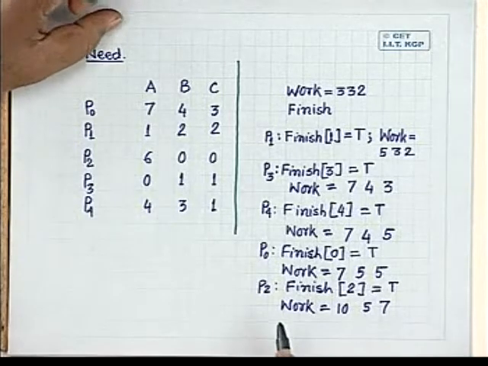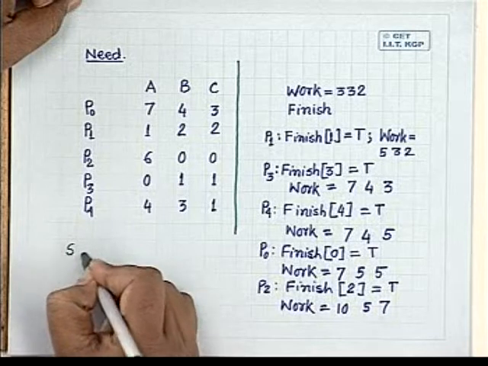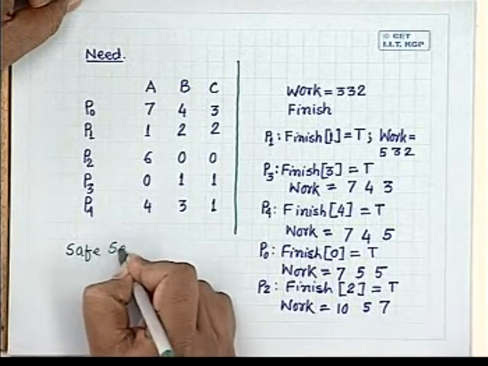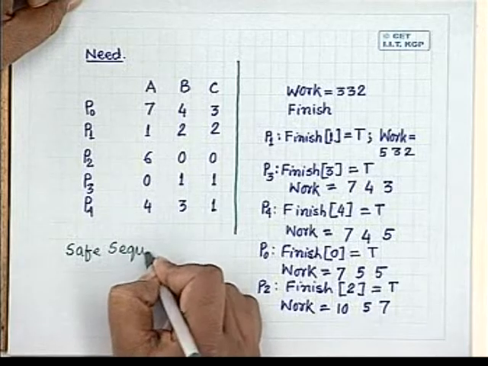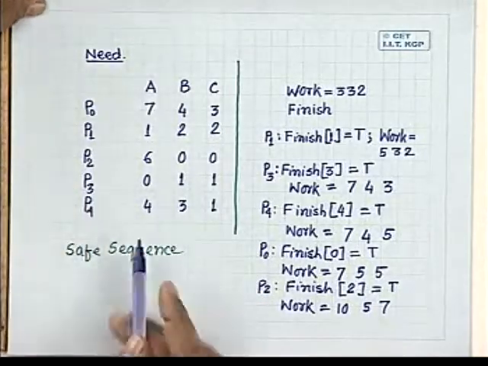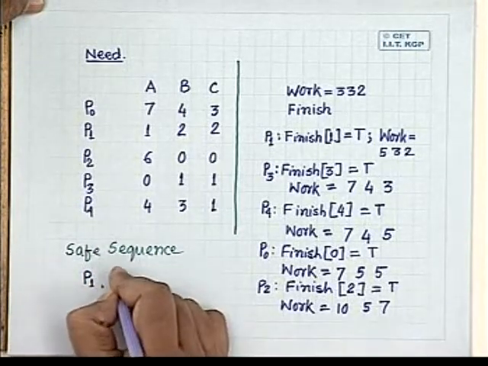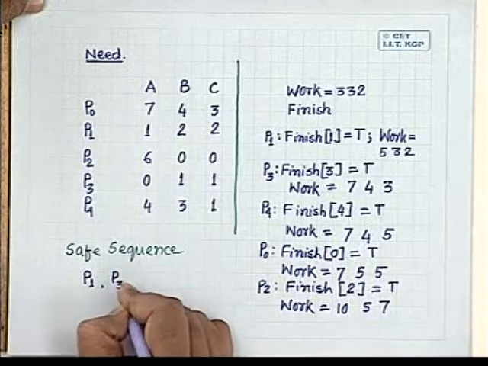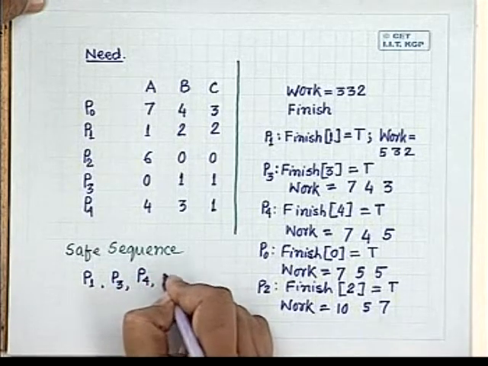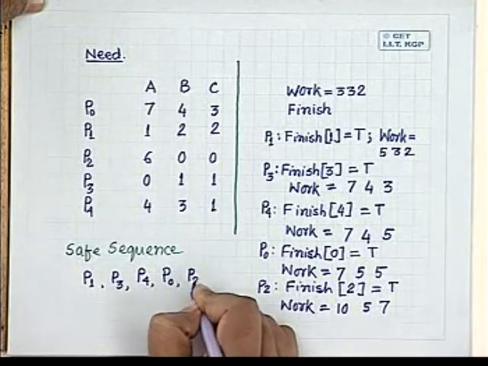So the safe sequence for this state is P1, P3, P4, P0 and P2.